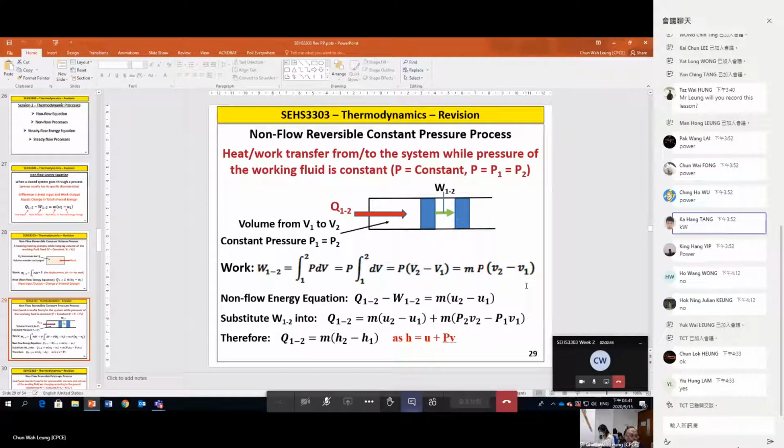For H, H for gas can be written as Cp times T. Not Cv, Cp times T. But this time, the temperature T has to be absolute temperature. Right?